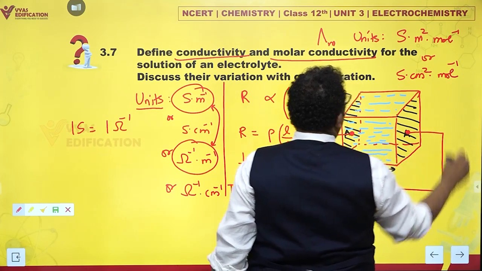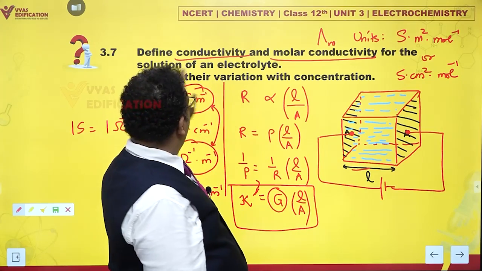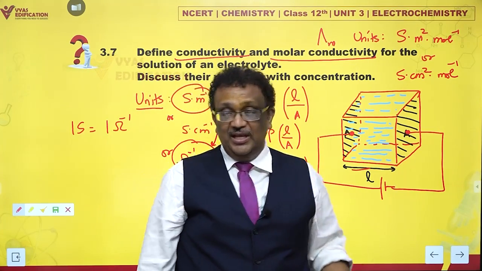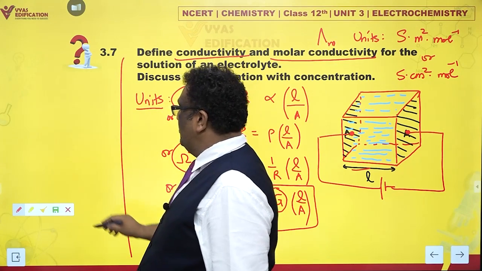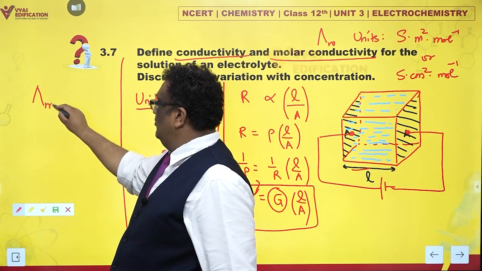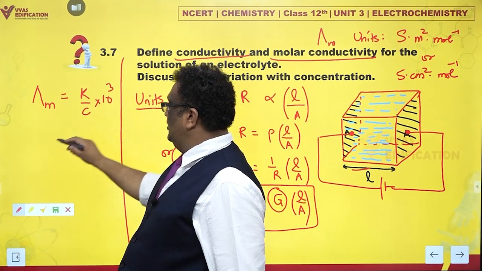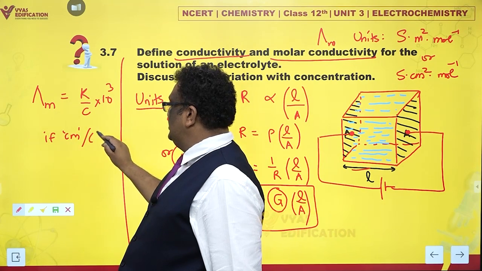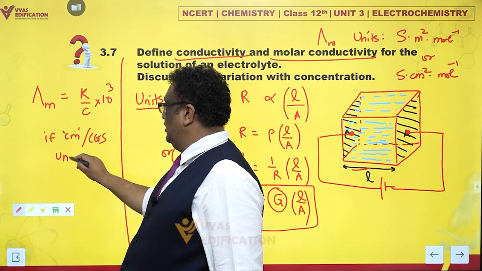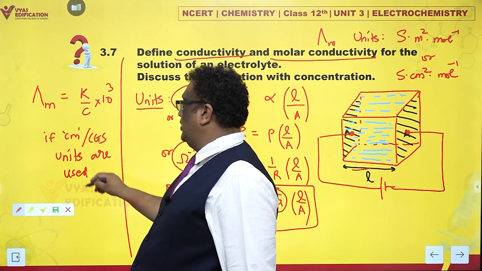They look ugly, don't be bogged down by this. The simple expression: is there a relation between kappa and lambda m? Yes, there is. Although this is not asked, let me mention, lambda m is kappa by c, into 10 to the power 3 if centimeter, CGS units are used. Okay.